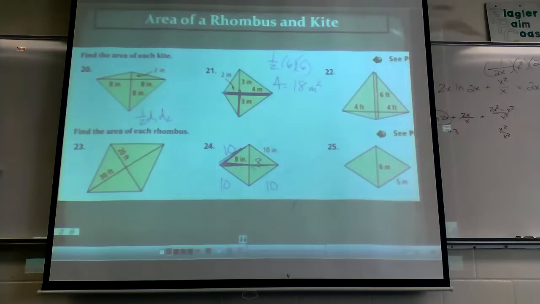Because diagonals bisect each other in a rhombus. So basically, the only thing I have in terms of this formula right now is I've got one of the diagonals all the way across, right? I've got 8 and 8, which is 16. So I've got, essentially, area is 1/2 16 times d2, which I don't know yet.